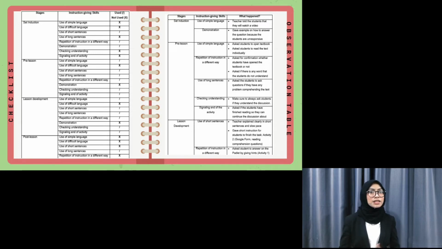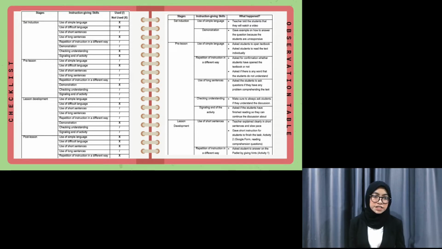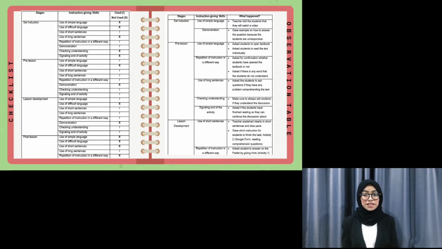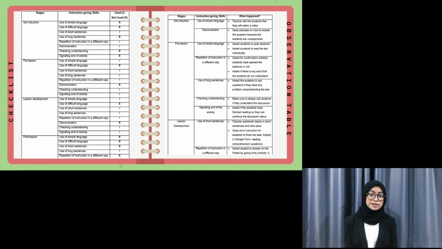It could lead to positive impacts and also negative impacts, based on the students' feedback. For example, demonstration gives positive feedback, in which the students have an idea on how to answer the question. But the use of long sentences could lead to misunderstanding among the students.